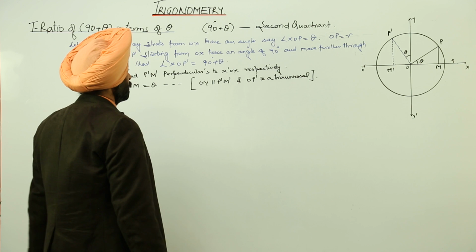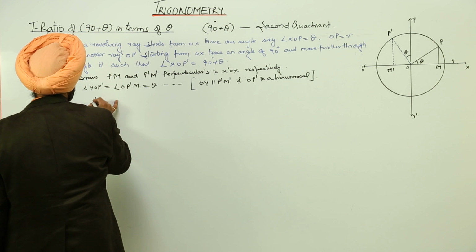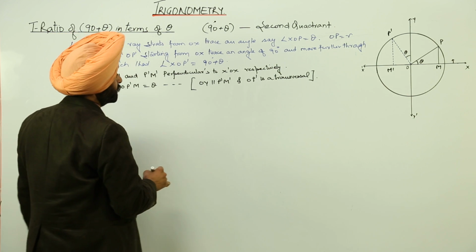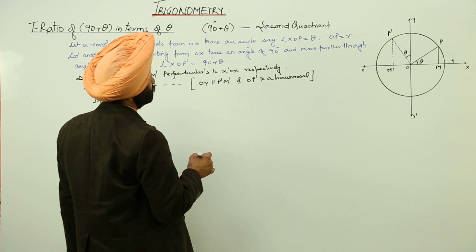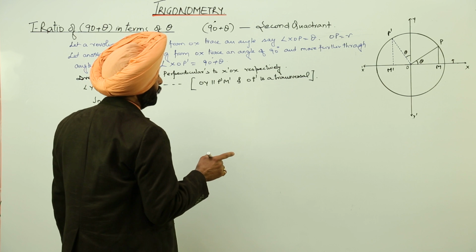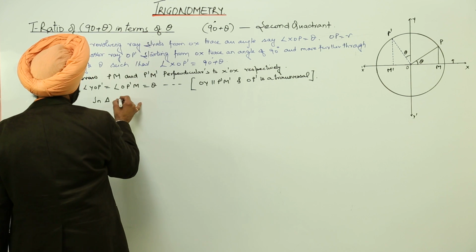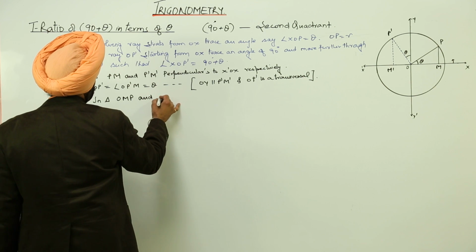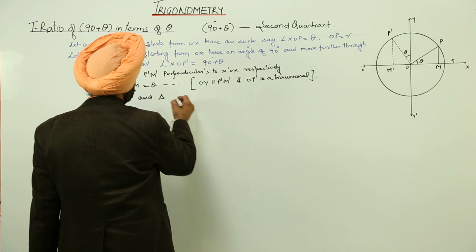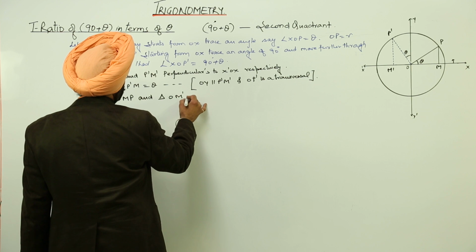Okay. Now we have two triangles. Let's discuss triangle OMP and triangle OM dash P dash.